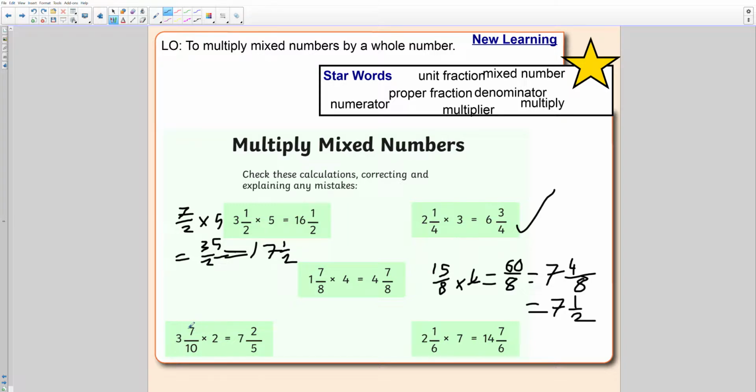Looking at this one now, 3 7/10 times 2. Ooh, very interesting. It's going to change it to fifths. Is it wrong though? Not necessarily. Let's have a look. So we're going to have 37 tenths times 2. And then if we do that, we're going to get 74 tenths.